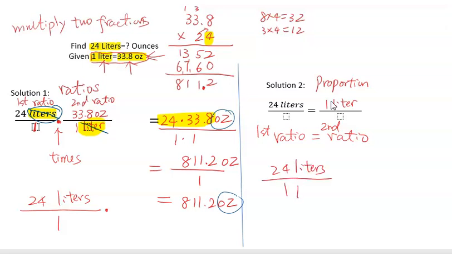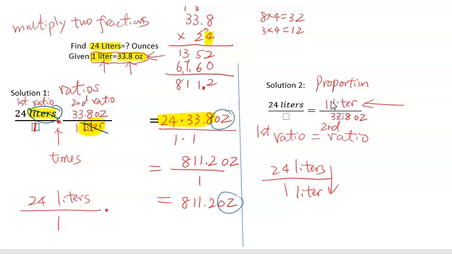You can either line up the liter horizontally or vertically. Now, in the first case, let's write down 1 liter corresponds to 33.8 ounces. Make sure you put 33.8 ounces on the same side as the liter because they are equal to each other.